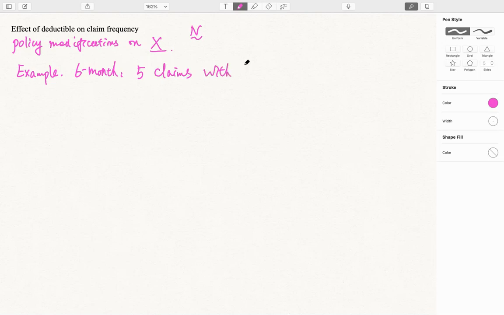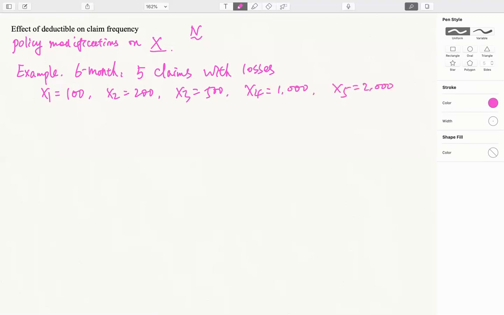with losses. Let's say X1 is 100, X2 is 200, X3 is 500, X4 is 1000, X5 is 2000. I simply made up those numbers. But anyway, you can see in this case, N is 5, right?